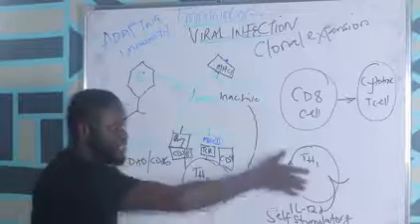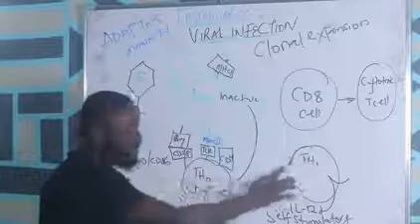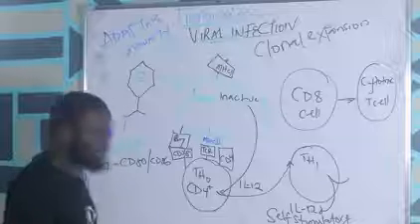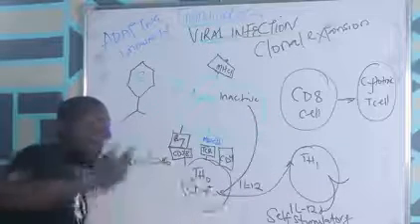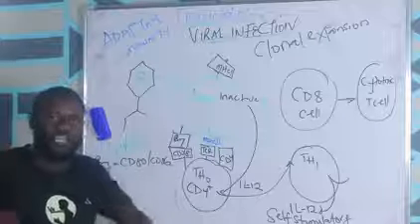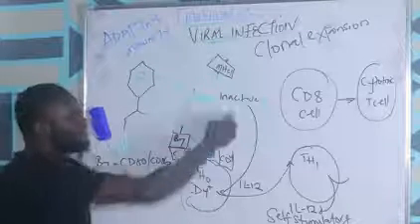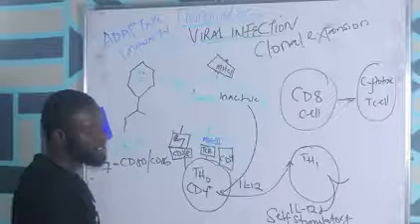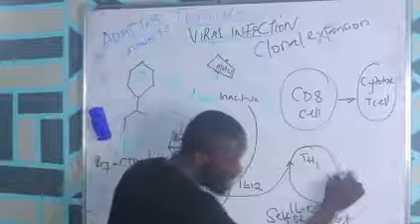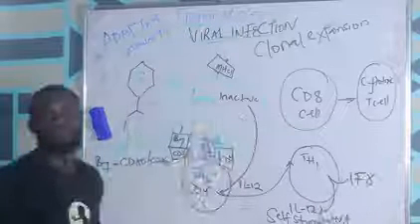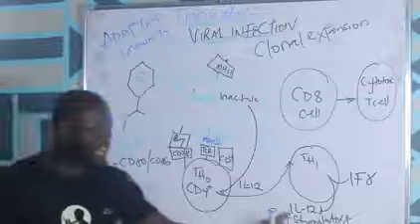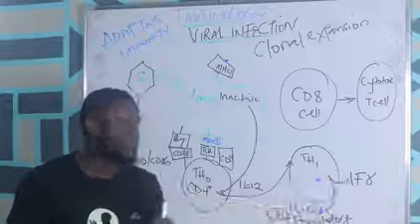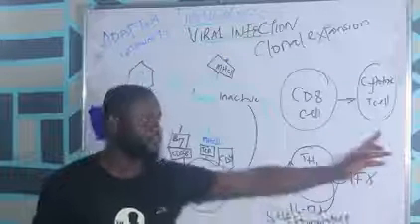When TH0 is differentiated to TH1, the TH1 also produces IL-12, which is a self-stimulatory substance that allows the TH1 to proliferate. That means to make enough copies that will do the killing, which is also called clonal expansion, cloning. It makes a lot of copies of it. Then it also produces interferon gamma. It produces IL-12, which is self-stimulatory, and also interferon gamma. I will tell you the function of interferon gamma later.